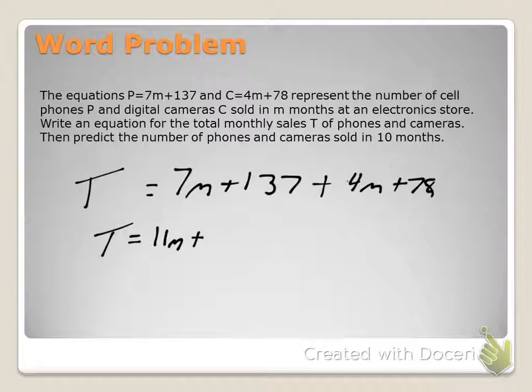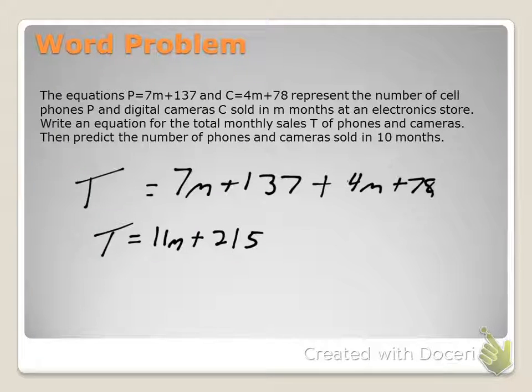Might be off, hold on. Right? And then you plug. Hold on, slow down. Predict the number of phones and cameras sold in 10 months. You put 10 there where M is. Why M? Because M represents months.